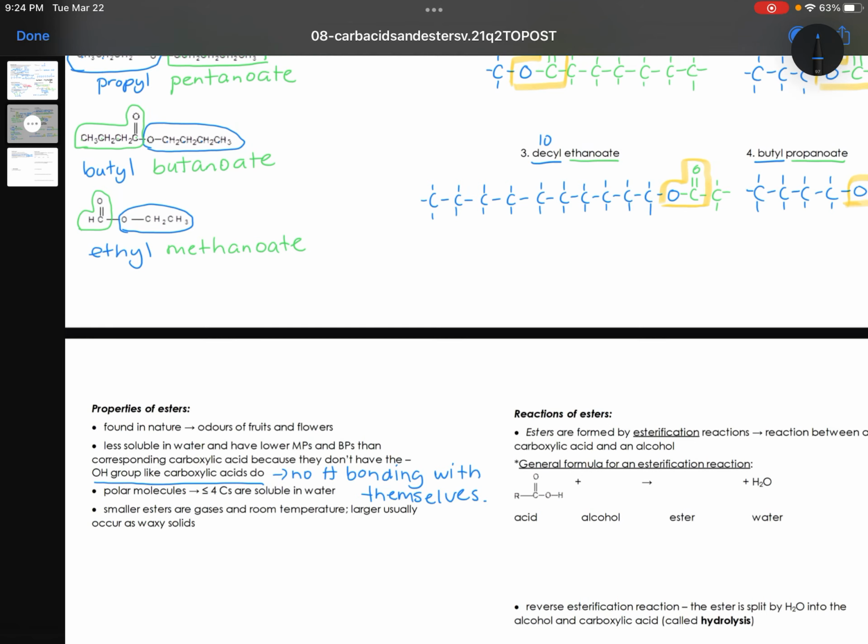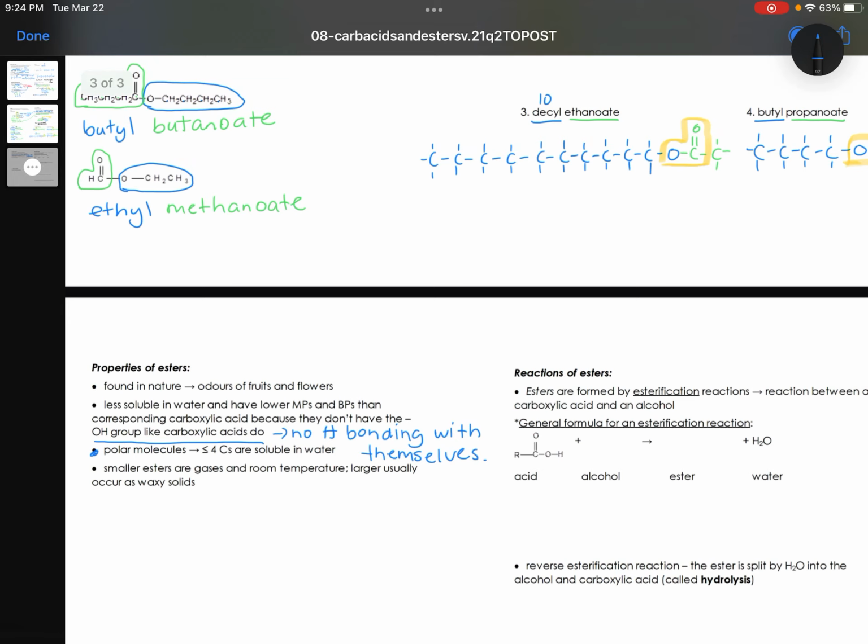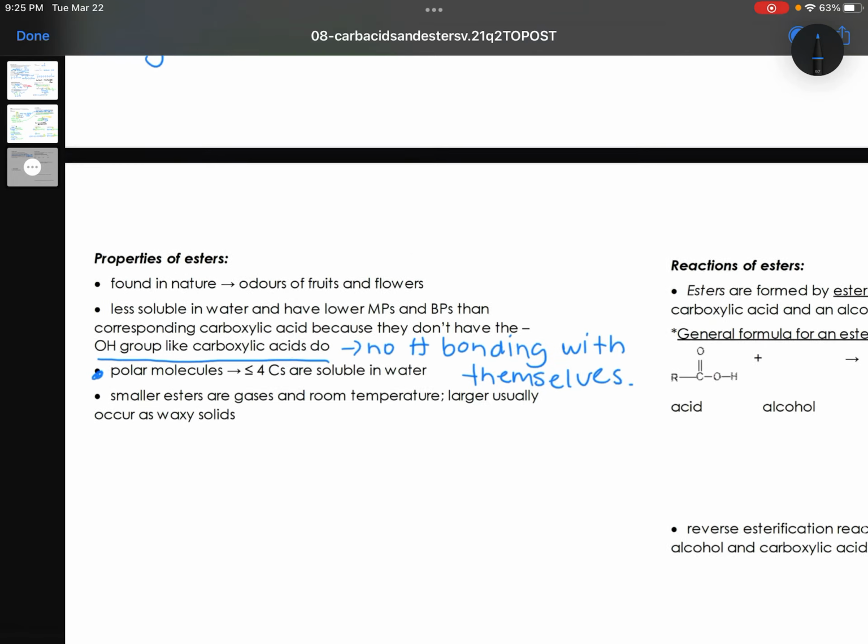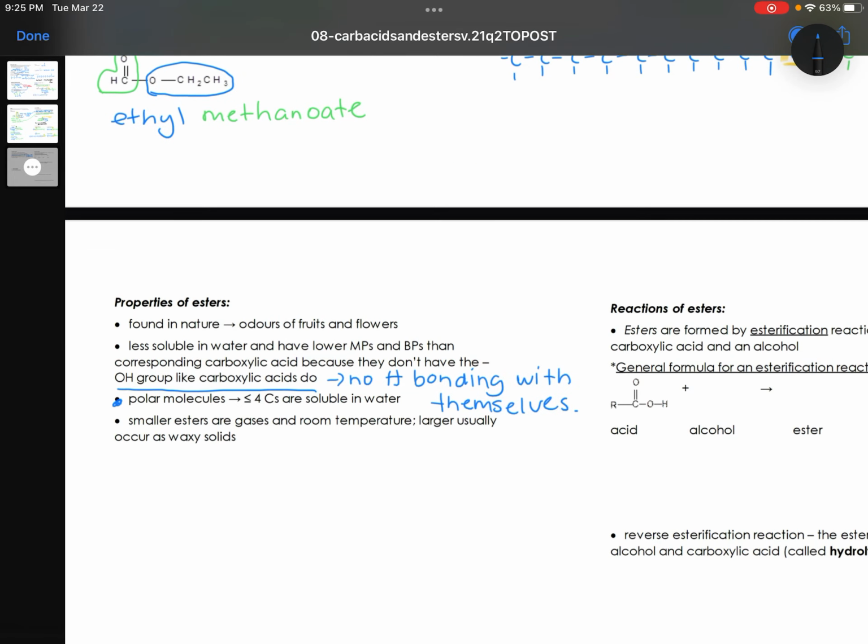And just like we've always seen with the criteria here, they can be polar when they are small. So the thing with esters is they get pretty big pretty quick, but we can still draw one.